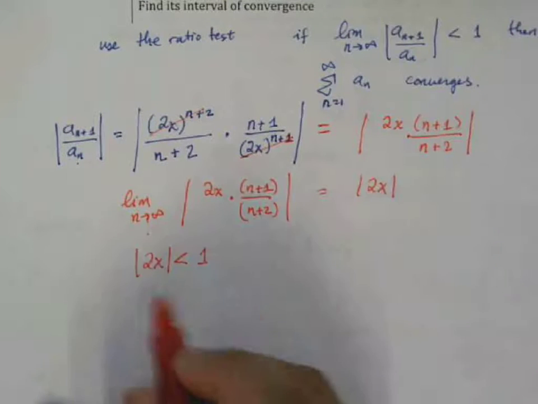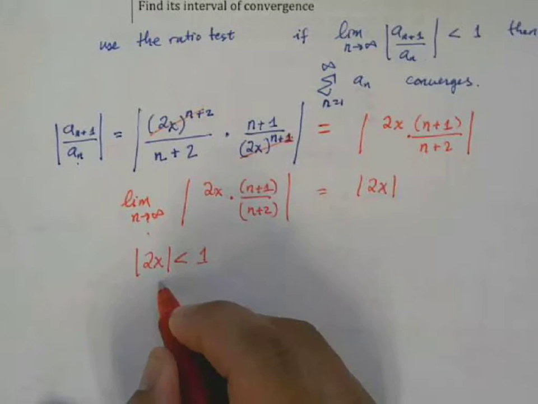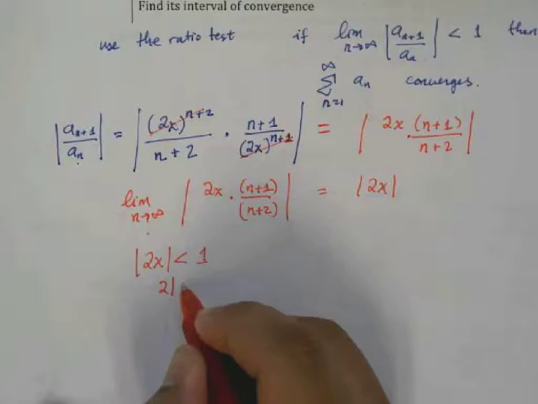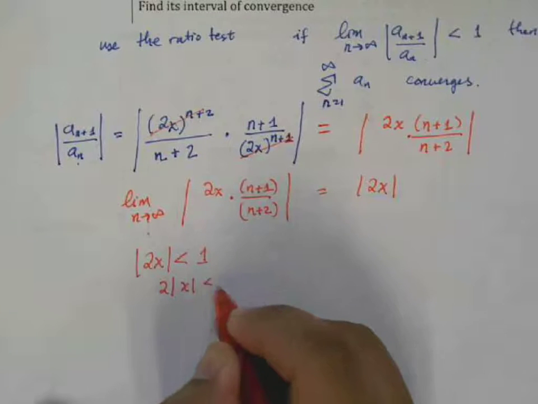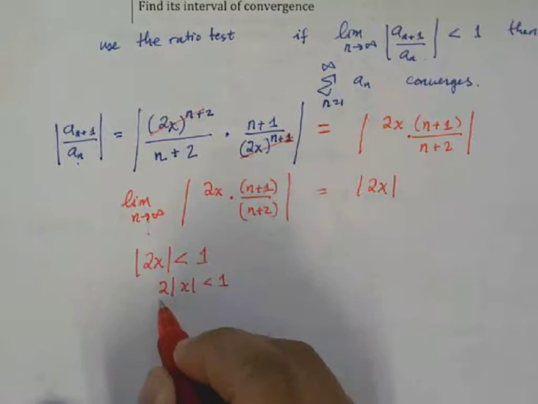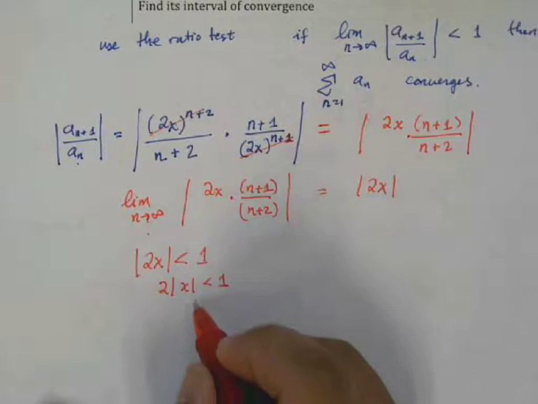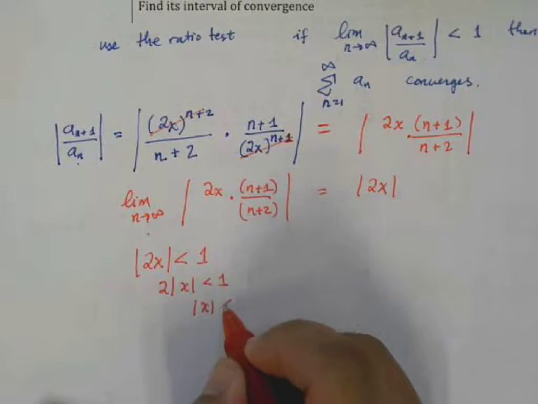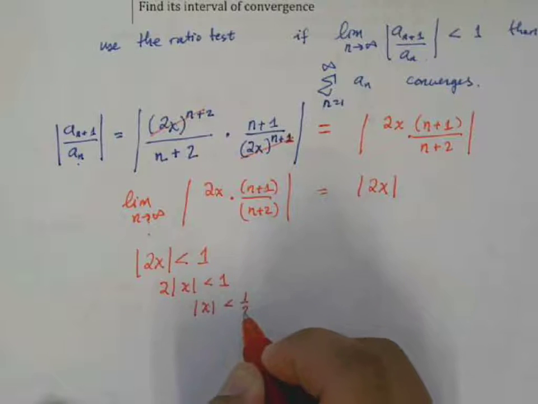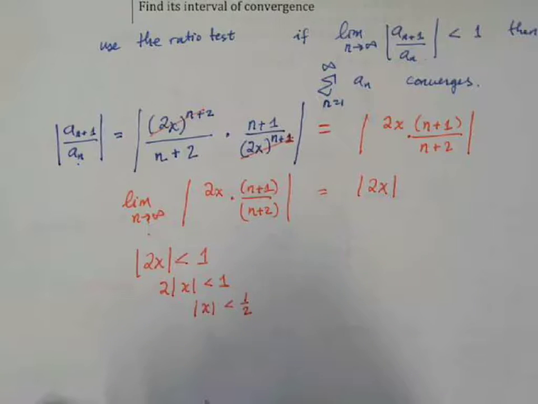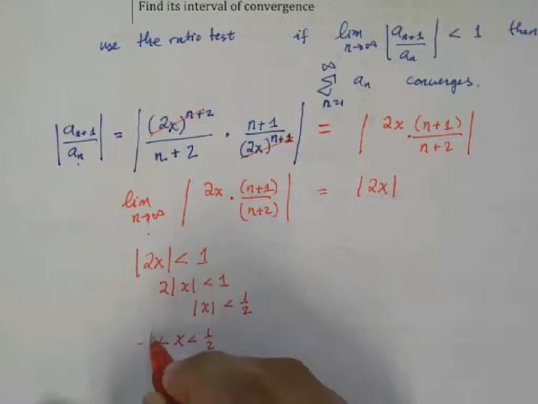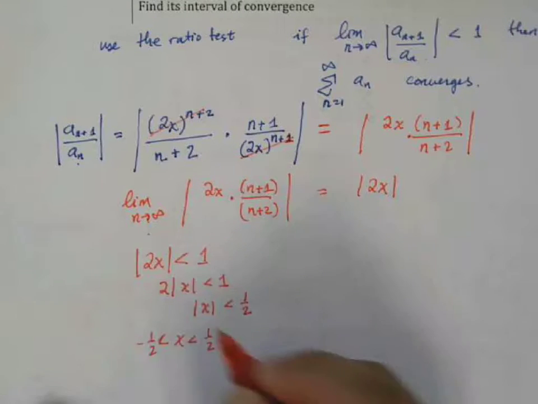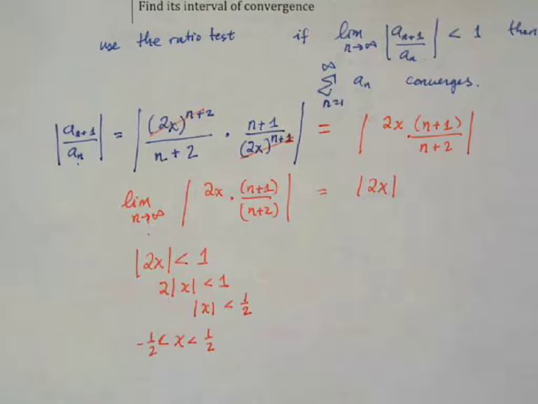We can pull the 2 out, because the absolute value of 2x is the same thing as positive 2 times the absolute value of x, and that means the absolute value of x must be less than 1/2. So our potential interval of convergence is x between negative 1/2 and positive 1/2, because that's what absolute value of x really means.